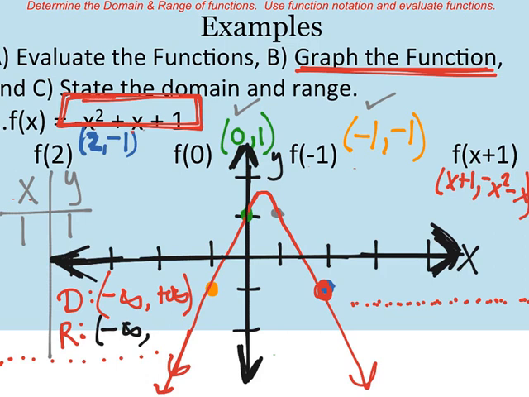Okay. But then as I look from down to up, do my y values always increase? Or do they keep going towards positive infinity? And the answer is no. Okay. They do not keep going. They stop. This is its highest y value right here. Okay.